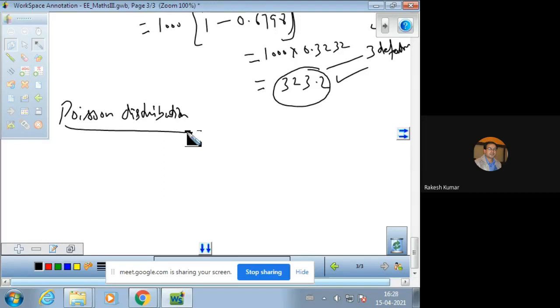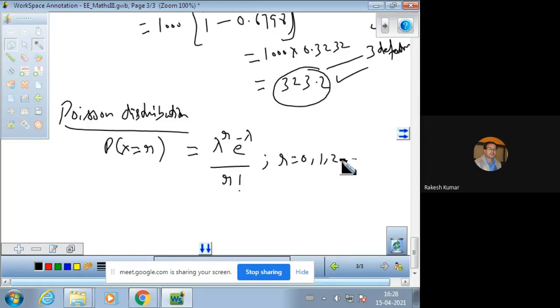Poisson distribution is actually the limiting case of binomial distribution, and the formula of Poisson is probability of x equal to r is lambda raised to power r, e raised to power minus lambda, upon r factorial, and the value of r is 0, 1, 2, 3, and so on.